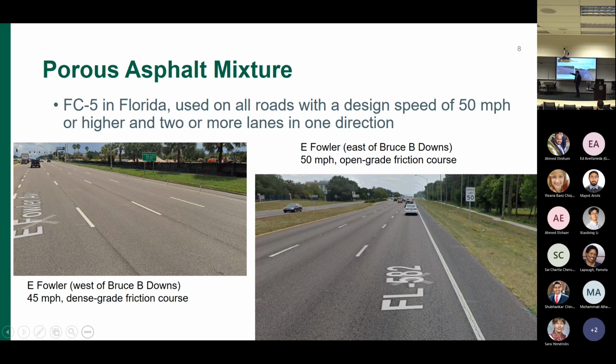And you see that this is a dense graded surface. On the west side, the speed limit is 50 miles per hour, and you can see that it is required to use the FC5, which is the porous asphalt mixture. We may not be able to see very clearly the differences between the two different surface materials, but if you go there and walk around the road, then you can see the differences.